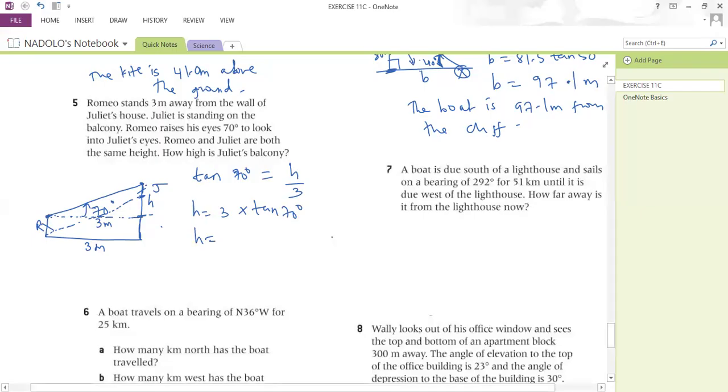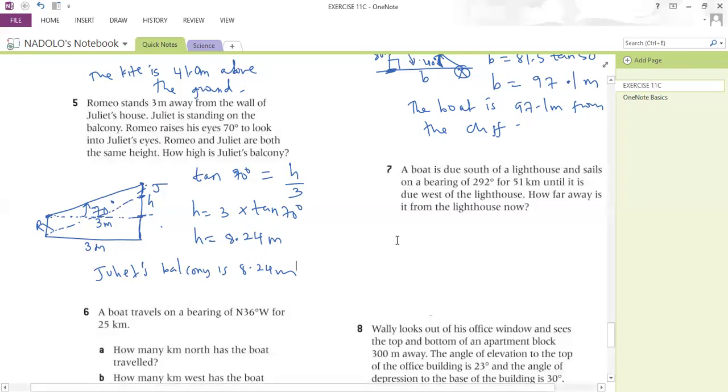So you will get your answer as 8.2424. So to 3 significant figures is just 8.24 meters. So we will say that Juliet's balcony is 8.24 meters.